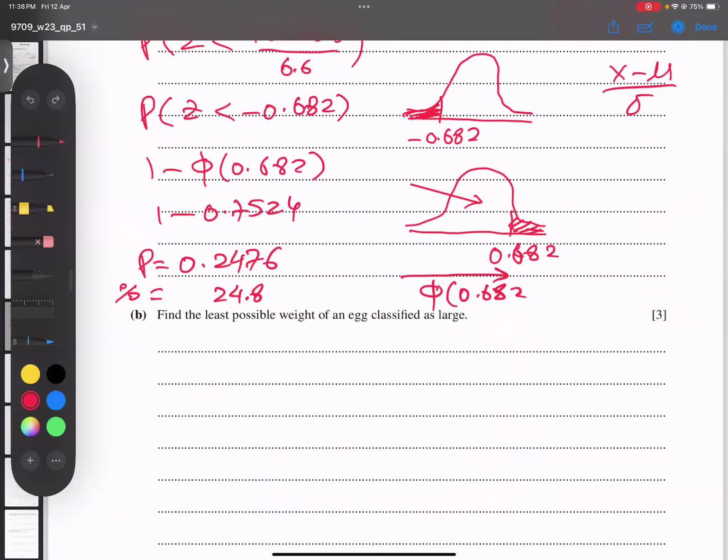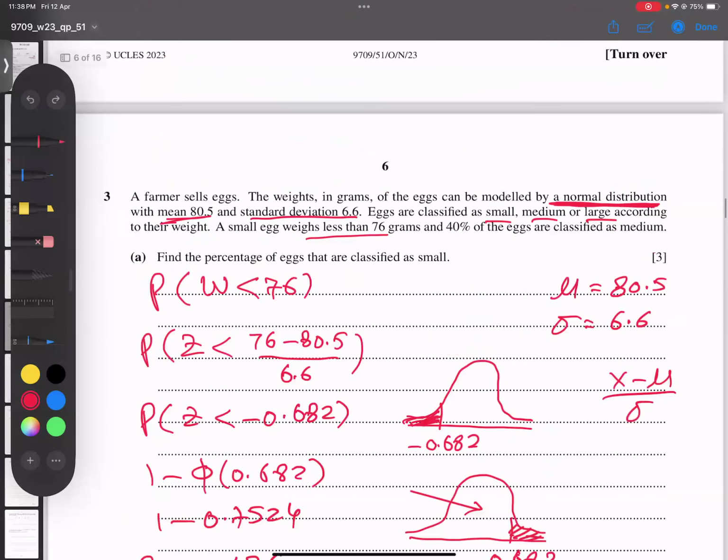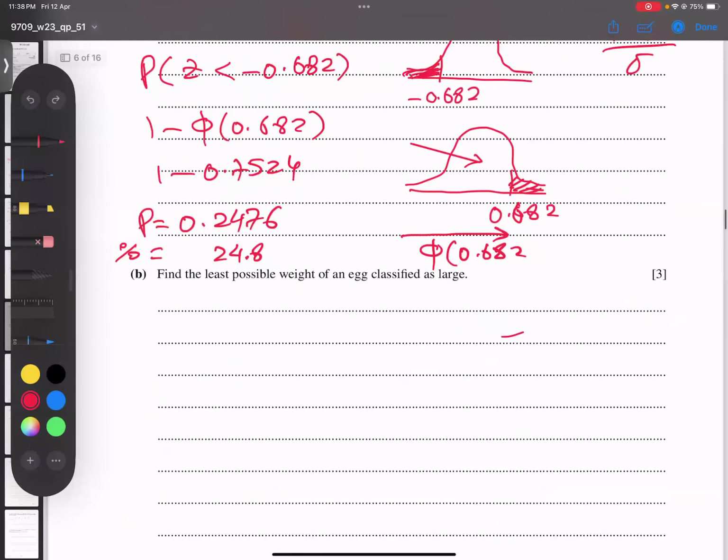Okay, let's find the least possible weight of an egg classified as large. Before I start, 40% are medium. So it means, you know, we have 3 categories. Look here, students. This is 3 categories: medium is in the middle. This is small, this is small, and this is called large. And 40% is already mentioned for medium, and small is 24.8.